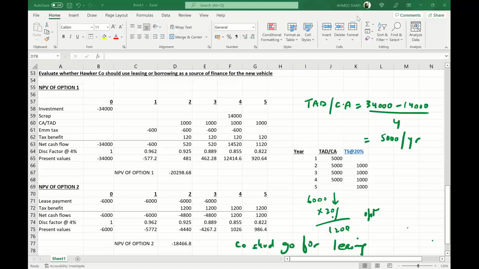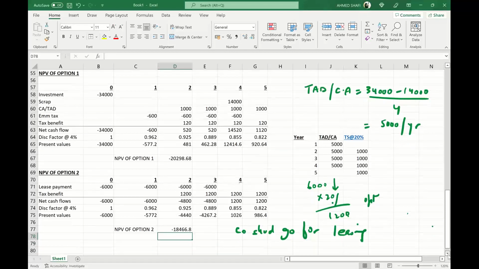Okay, I am sure that the students who have taken my classes wouldn't be confused with this particular point.